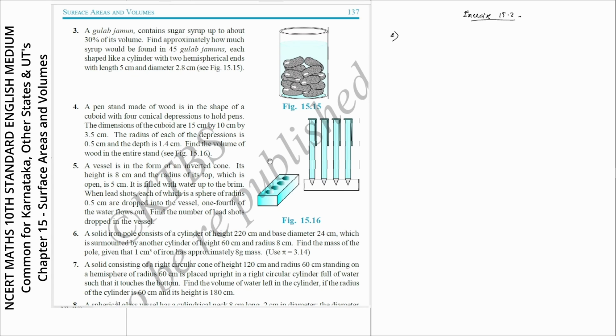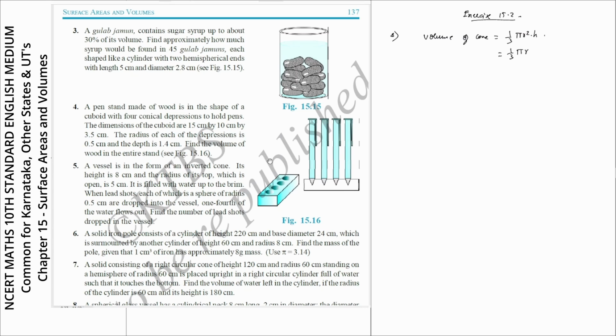Now what is the volume of cone? Volume of cone is given by 1/3 of pi r square into h. Now what is the radius of the cone?